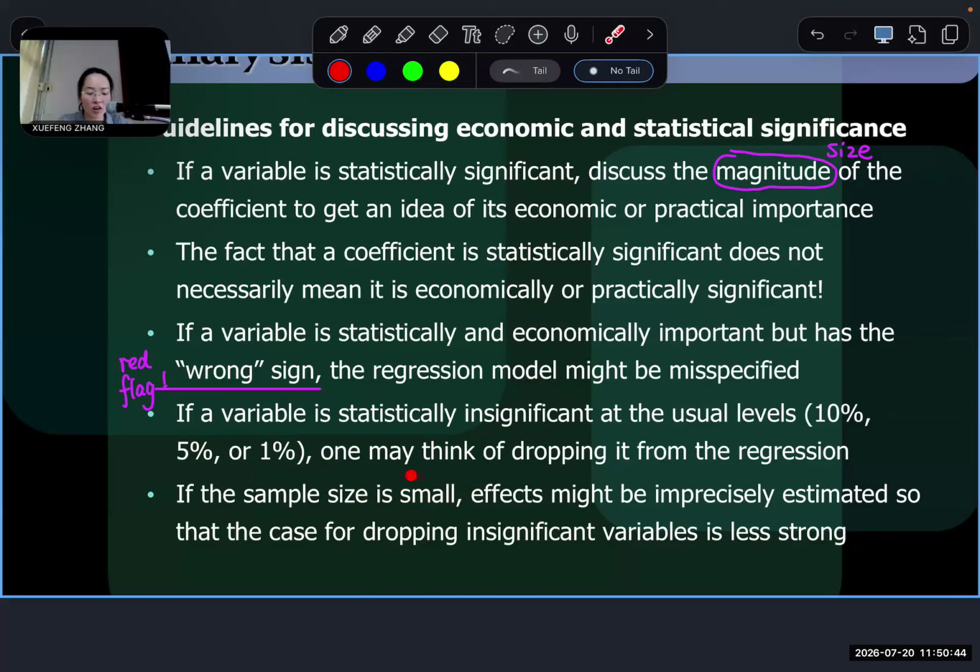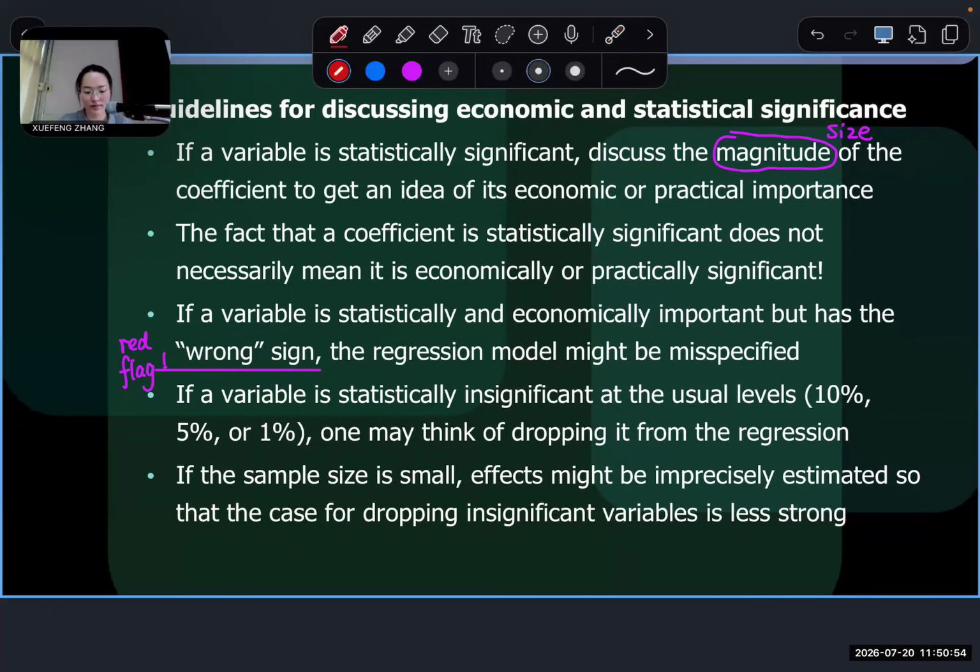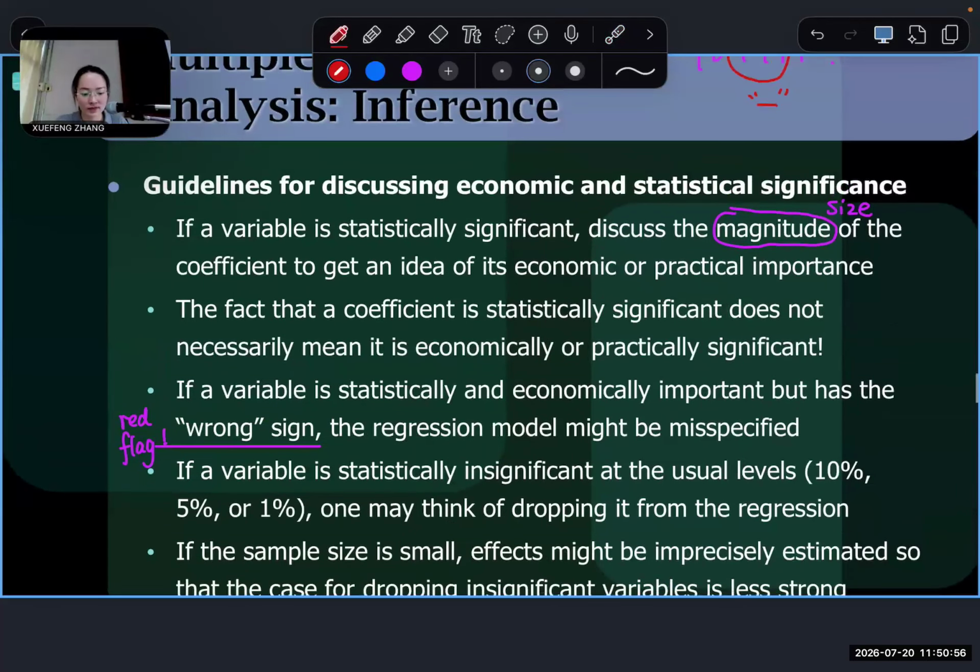So insignificant might just mean imprecise, not truly zero. Don't drop too quickly when n is small. Is that guidance clear? This is very useful and practical when you do your own research.